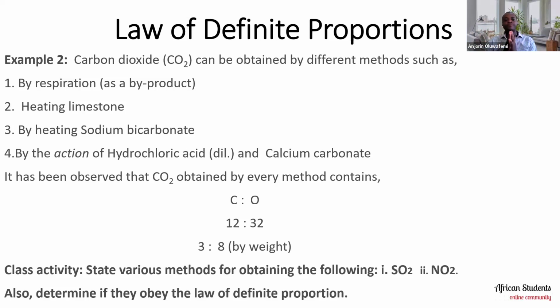So the ratio is always 12 to 32. Now, when you break that down further, you divide through by 4, and the ratio of carbon to oxygen in any instance that you have carbon dioxide forming is 3 to 8. That's a definite proportion, 3 to 8 by weight.